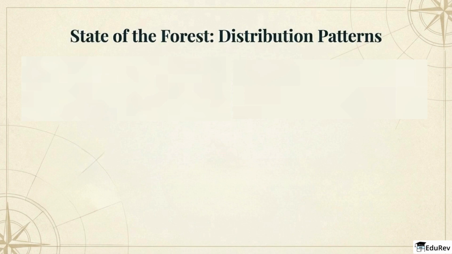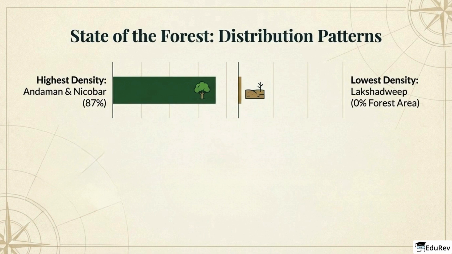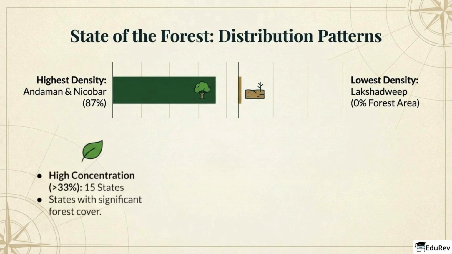Now let's look at distribution patterns. The highest density is in Andaman and Nicobar with around 87%. The lowest density is in Lakshadweep, which is marked here as having 0% forest area. Then comes the broader pattern. There are 15 states with high concentration above 33%.